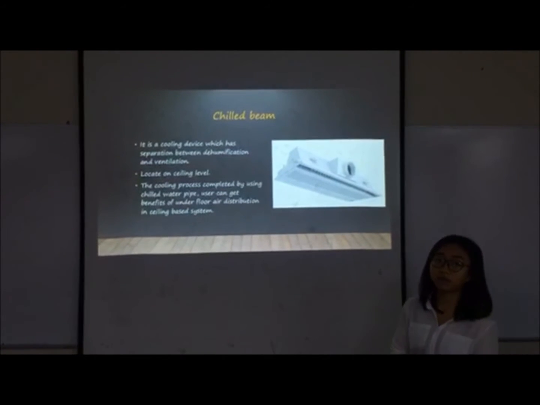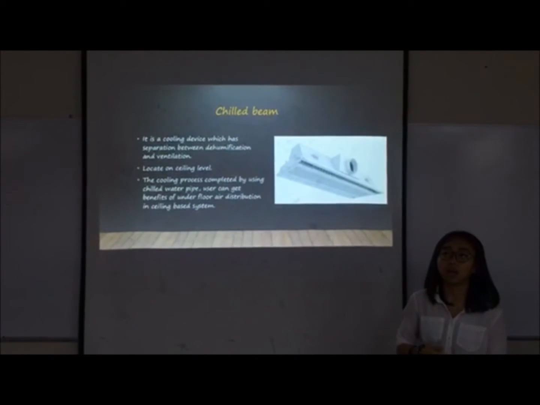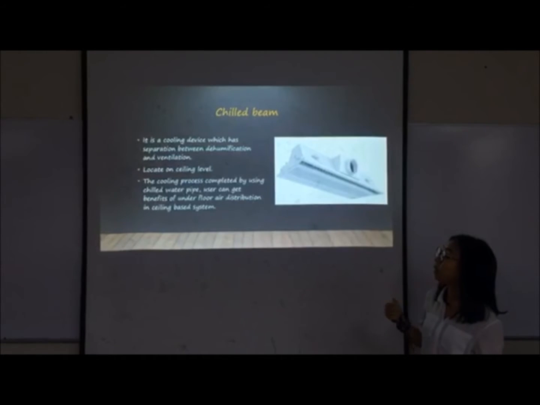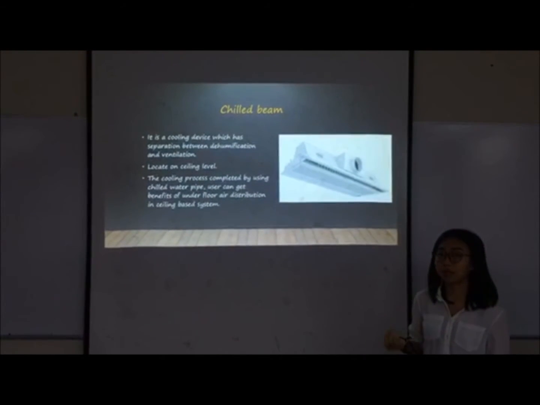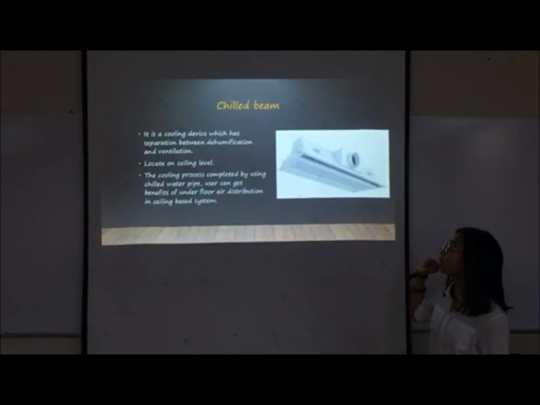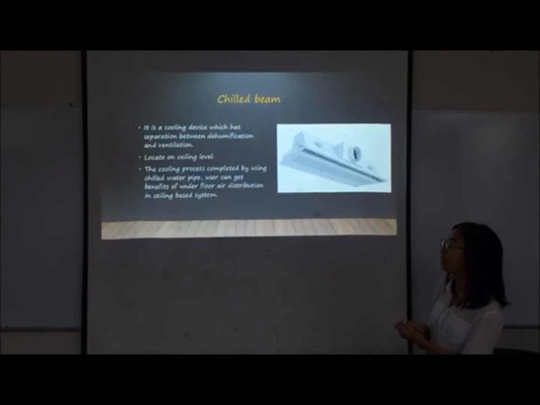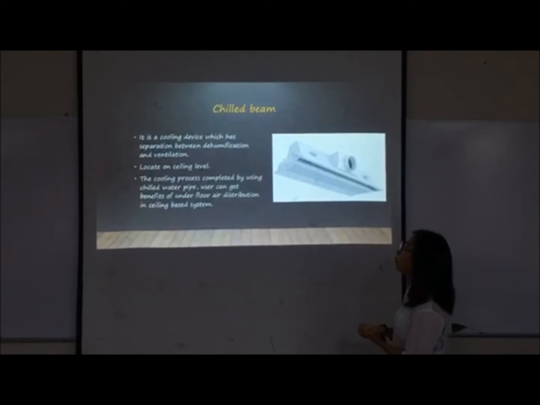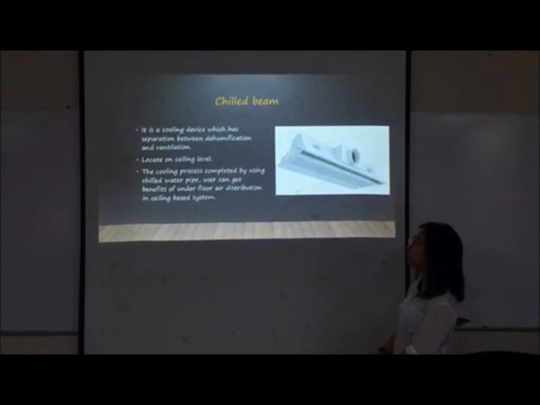So another recommendation for the building, for the railway station, I will recommend the chilled beam. A chilled beam is a cooling device which has separation between dehumidification and ventilation.